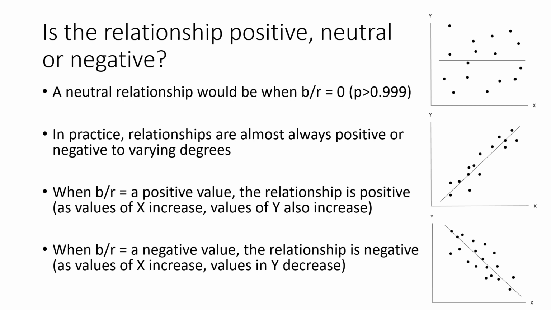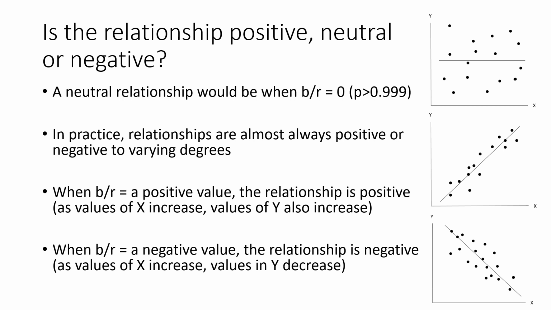Now, in practice, as I said before, when you collect data, you're almost always going to find some level of either positive or negative relationship between X and Y. And that can be a weak relationship or that can be a strong relationship. Now, when b and R are positive numbers, then we can assume that the relationship between X and Y is a positive relationship.